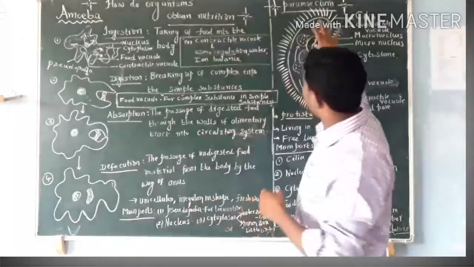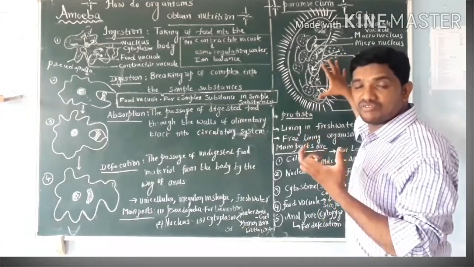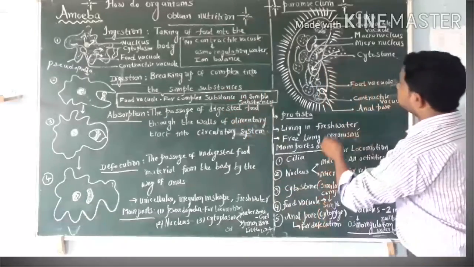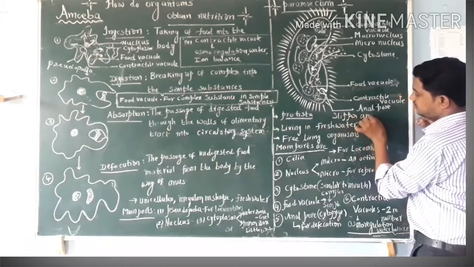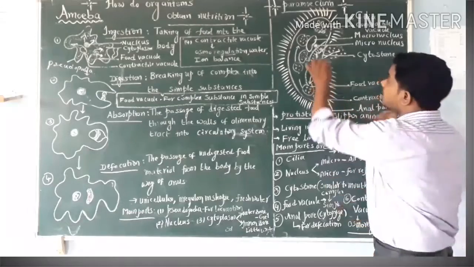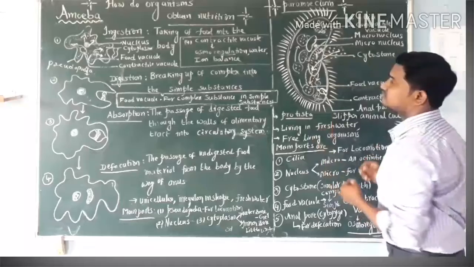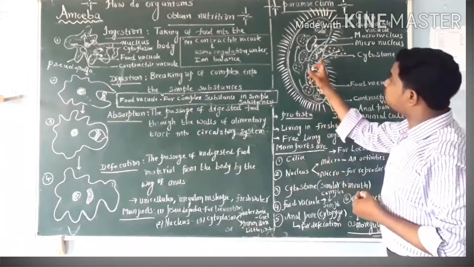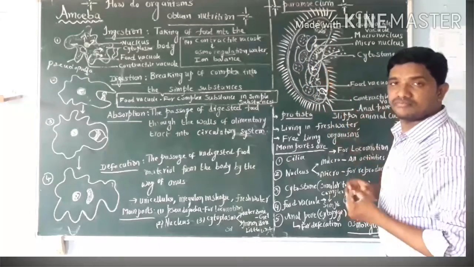Coming to Paramoecium. What is another name of Paramoecium? Slipper animalcule. It is also called slipper animalcule. See, the shape of the Paramoecium is like a slipper.